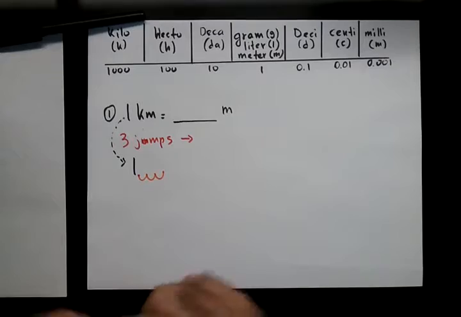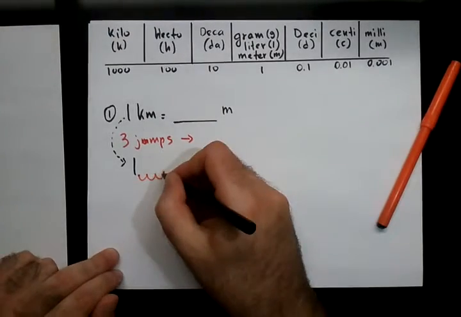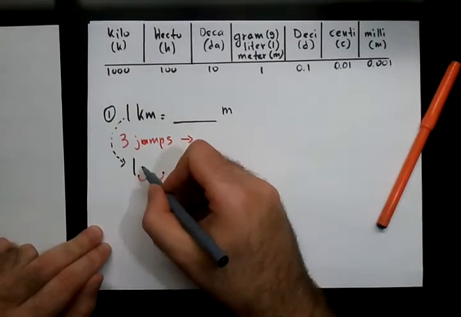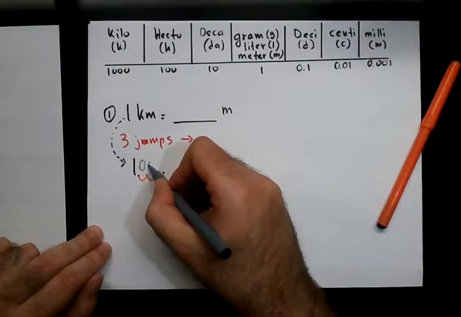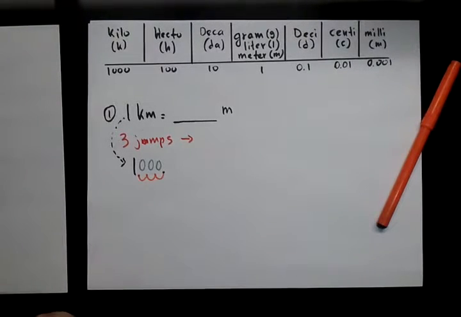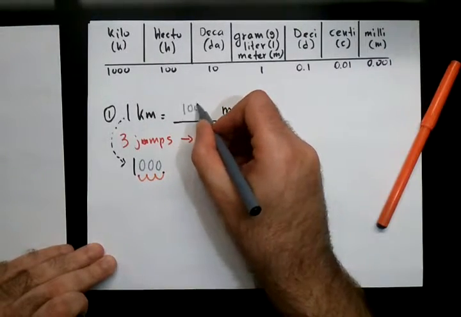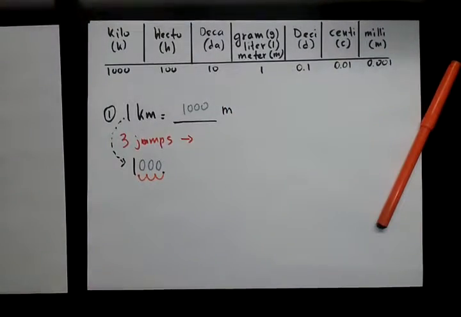The new decimal is going to be right here. And we just fill in the zeros or the empty spaces. And that is the answer. So the answer is 1,000 meters. 1 kilometer is 1,000 meters.